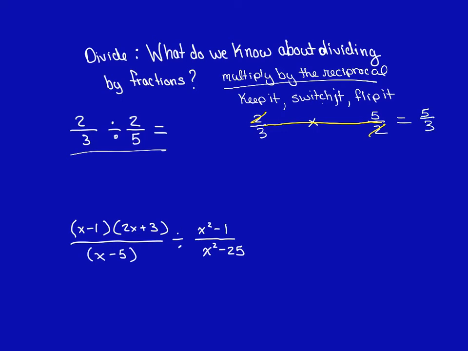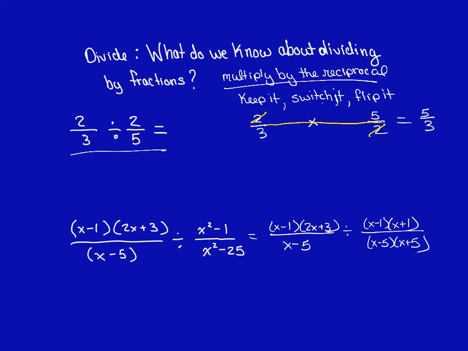So if we do that same thing here after we factor everything, this is going to become x minus 1, 2x plus 3 is all factored, x minus 5 is factored, divided by x squared minus 1 is x minus 1 times x plus 1, and x squared minus 25 is going to be x minus 5 and x plus 5.